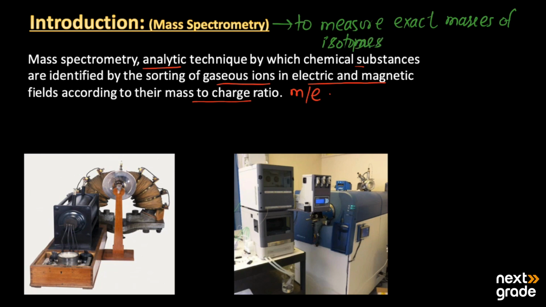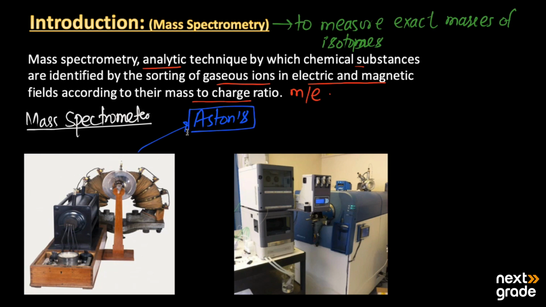For this purpose, we use different mass spectrometers. Here we have two types of mass spectrometer. The first one is known as Aston's mass spectrometer, and the second one is known as Dempster's mass spectrometer.